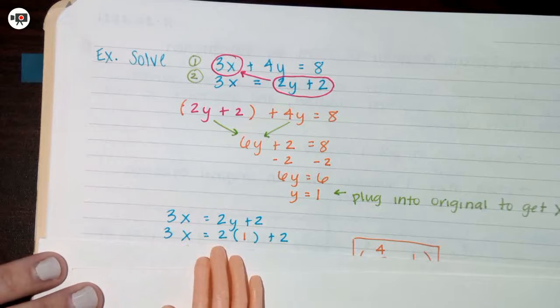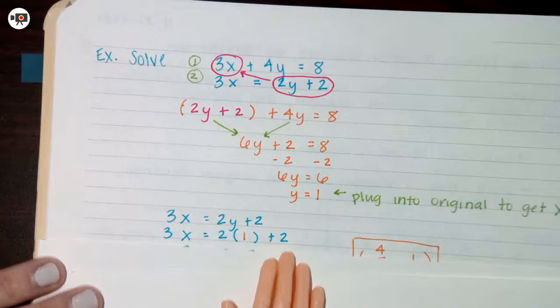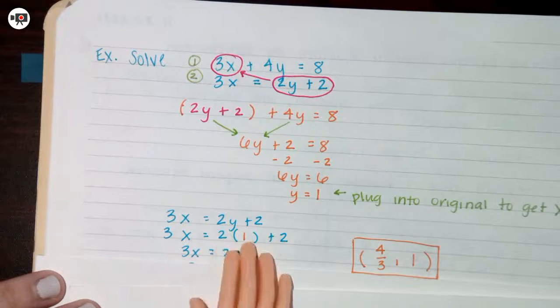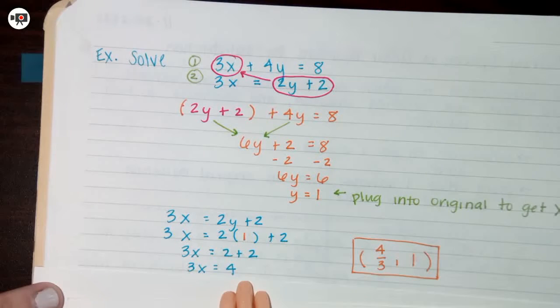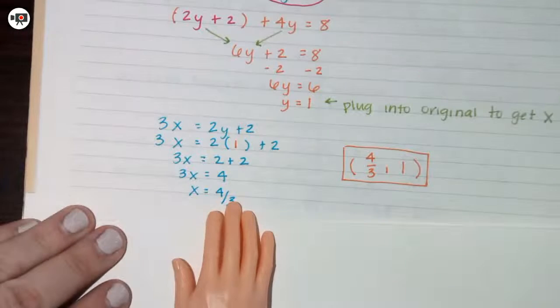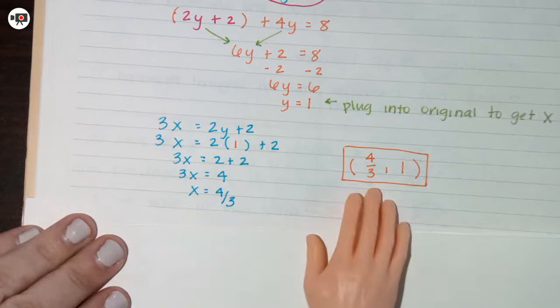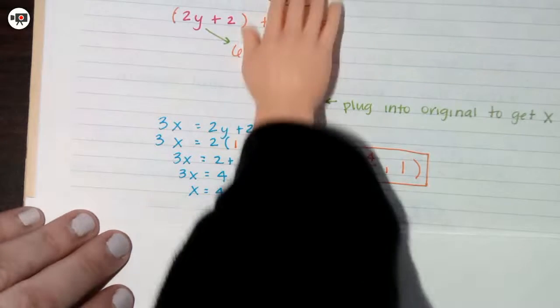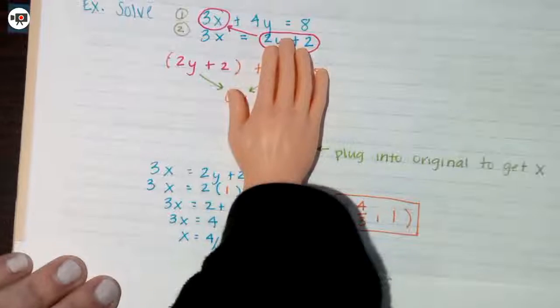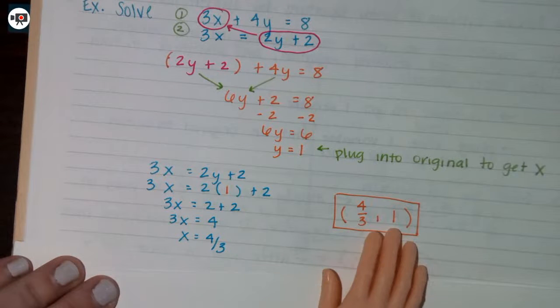So 3x equals 2 times 1 plus 2. Simplifying this, 3x equals 2 plus 2. 3x equals 4. And x equals 4/3. So my solution, my answer to where these two equations intersect, is at the point 4/3, 1.